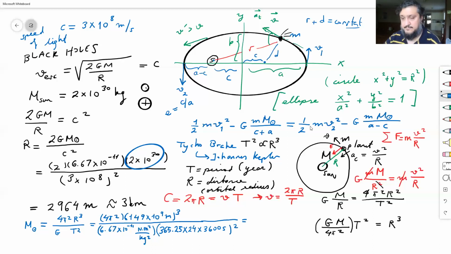All right, calculator time. 4 pi squared times 149 times 10 to the power 9, cubed, divided by 6.67 times 10 to the power negative 11, divided by 365.25 times 24 times 3,600 squared.